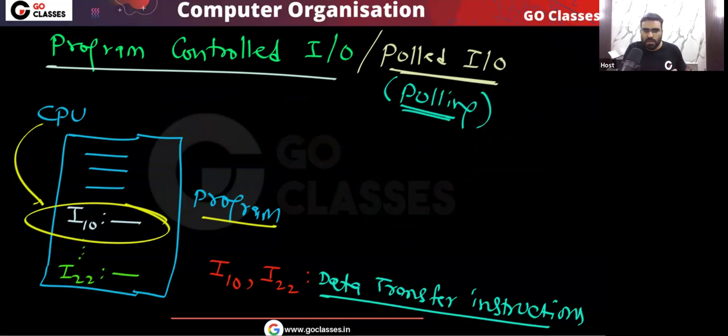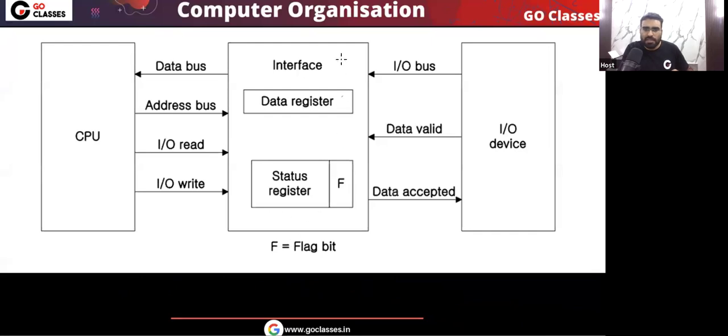I hope you understood. So you can see this is your register, this is your interface. I already told you that the IO device is not connected to the CPU directly. There is an interface in between. In the interface, we have the data register, or you can call it a buffer, and there is the status register.